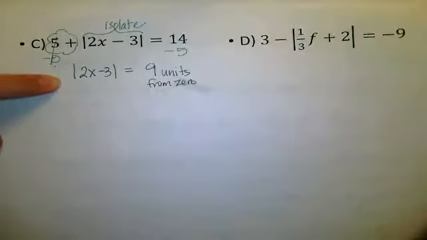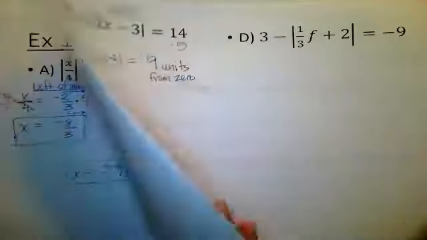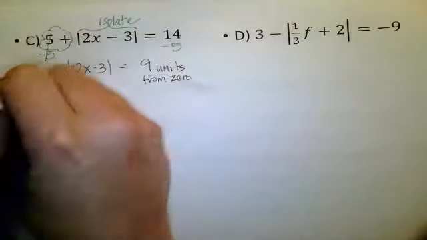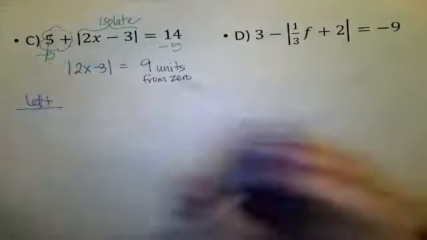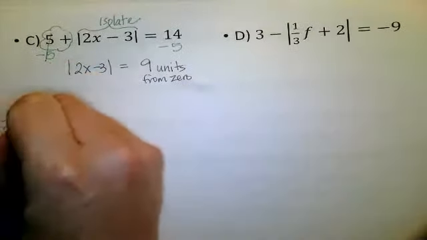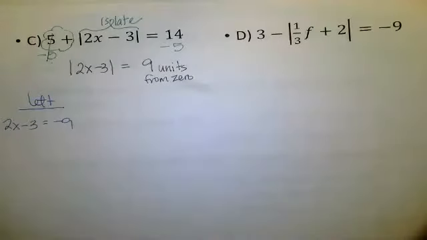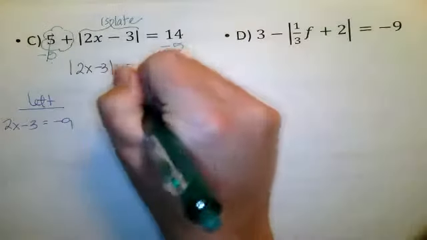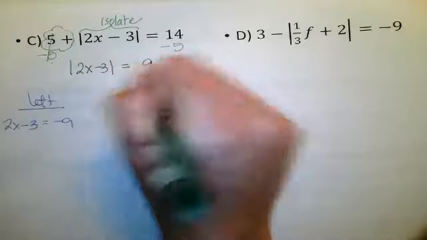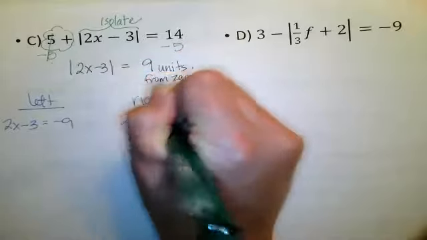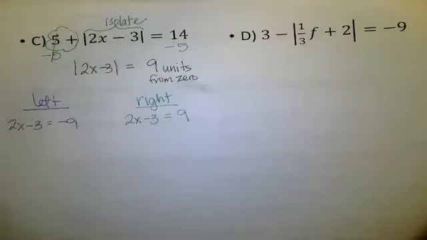But remember, that could be a distance of 9 units to the left of 0. To the left of 0 are negative numbers. So that'd be a negative 9. Or it could be 9 units to the right of 0. So that would be 2x minus 3 is 9, positive 9.